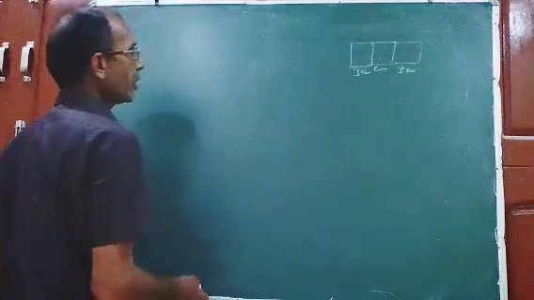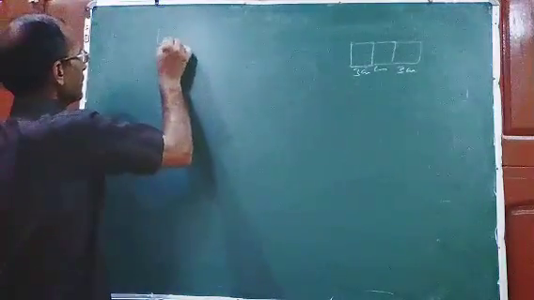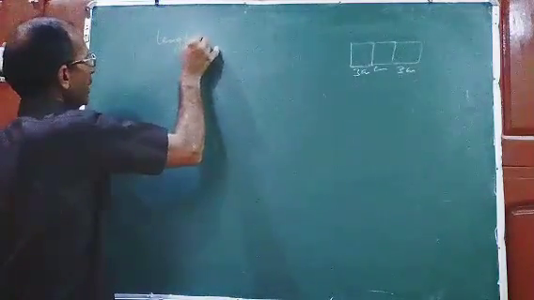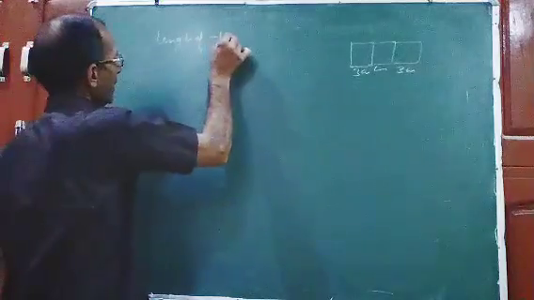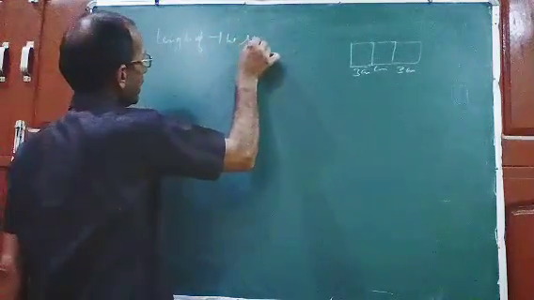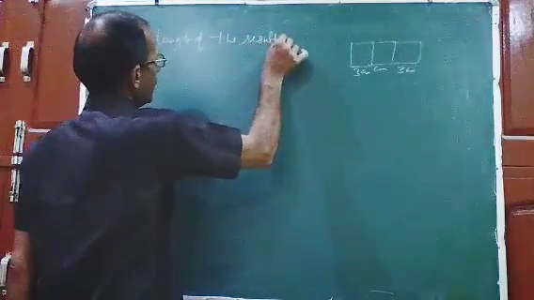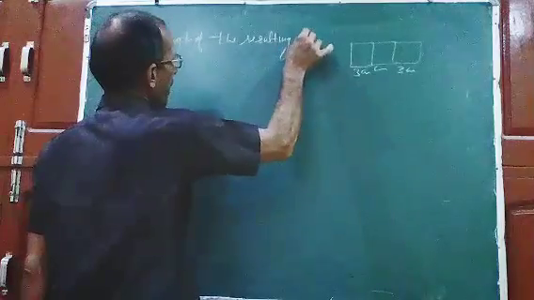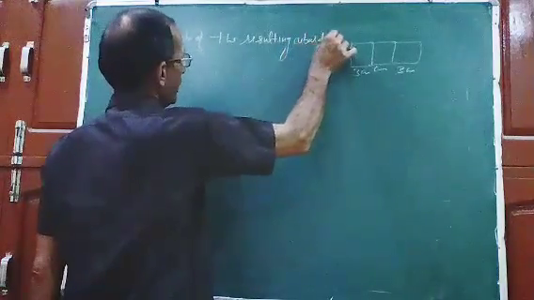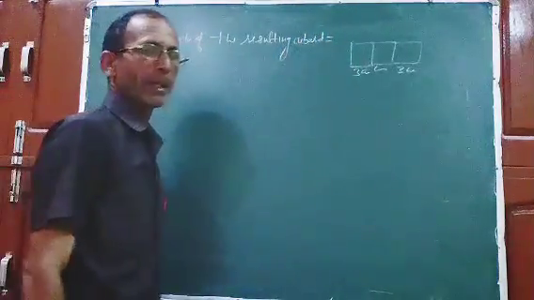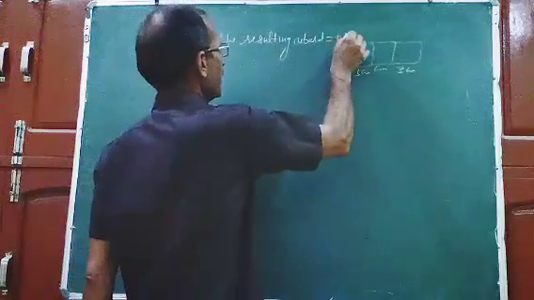So the length of the resulting cuboid is 3 plus 3, 6 plus 3, 9 centimeter.